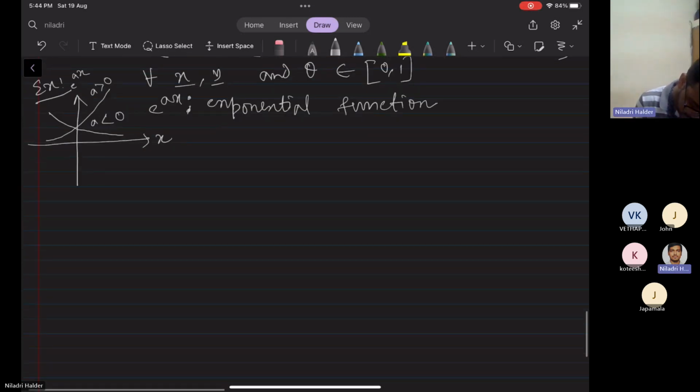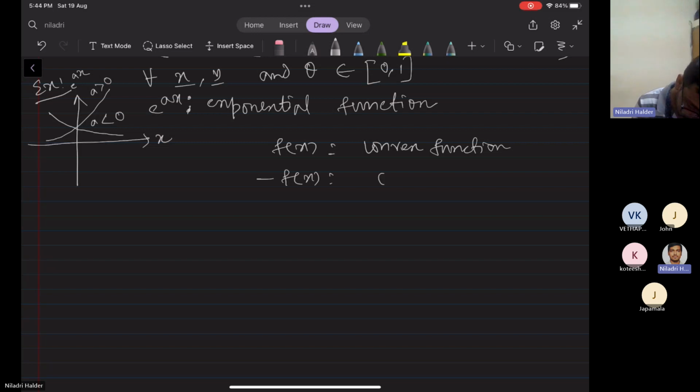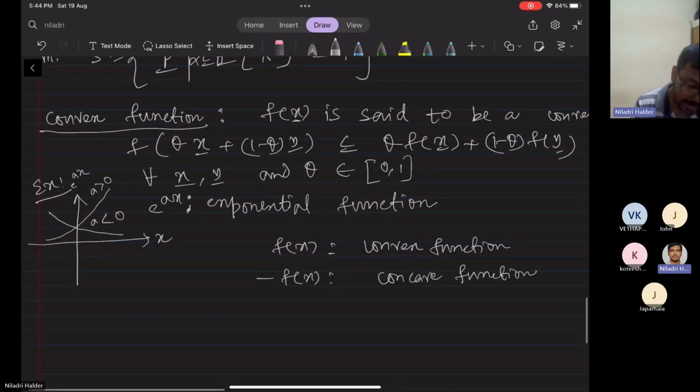And if f(x) is a convex function, then minus f(x) is said to be a concave function, where the less than or equal to becomes greater than or equal to.